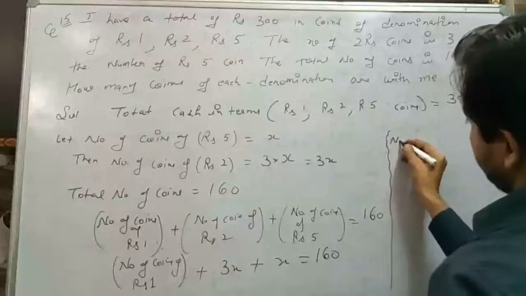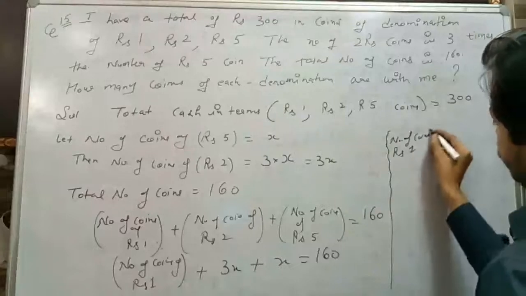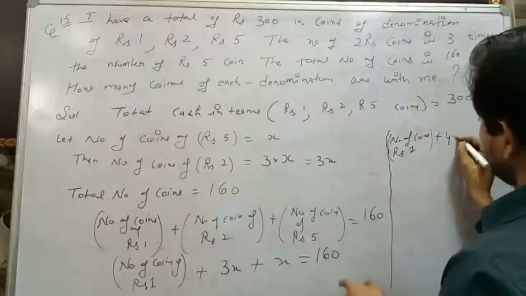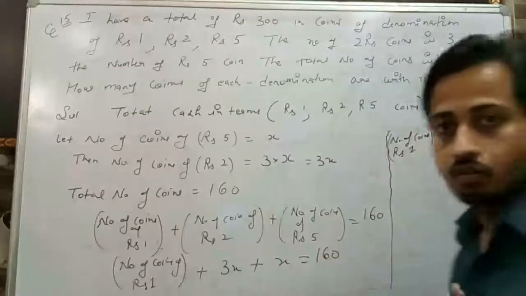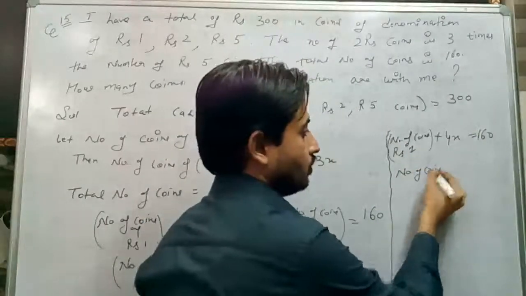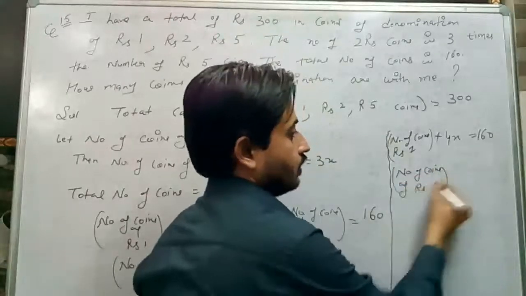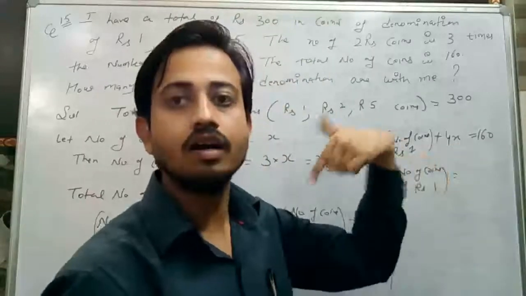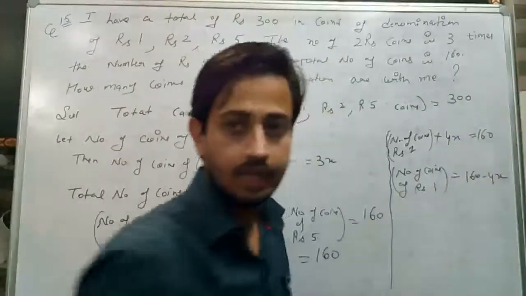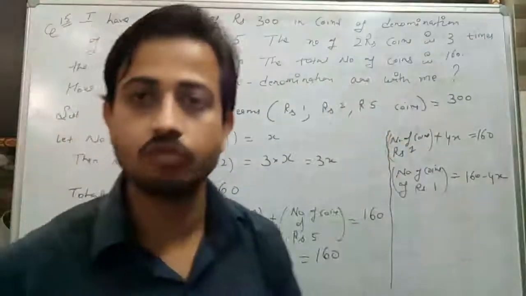So number of coins of rupees 1 plus 3x plus x, which is 4x, is equal to 160. Then the number of coins of rupees 1 is equal to 160 minus 4x, taking 4x to the right hand side. So please make a note first, then I will rub the upper portion of the statement.